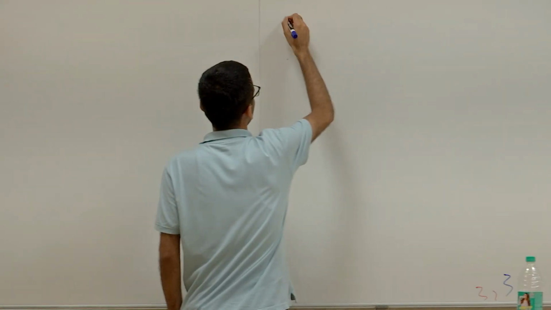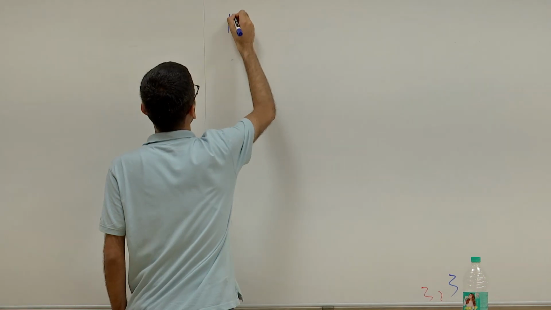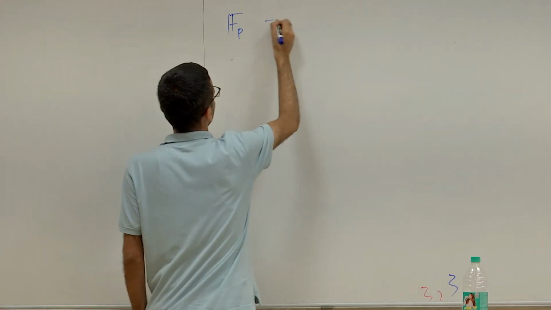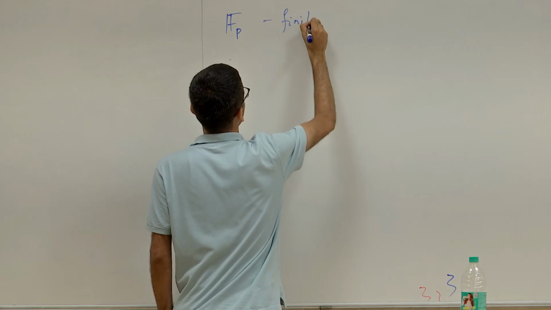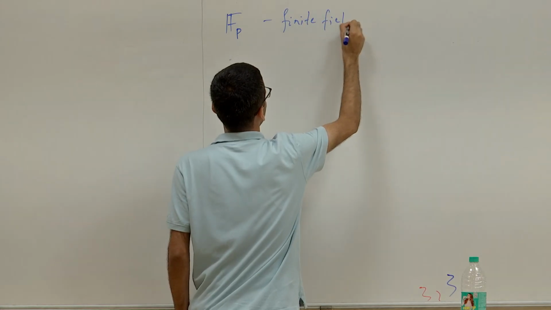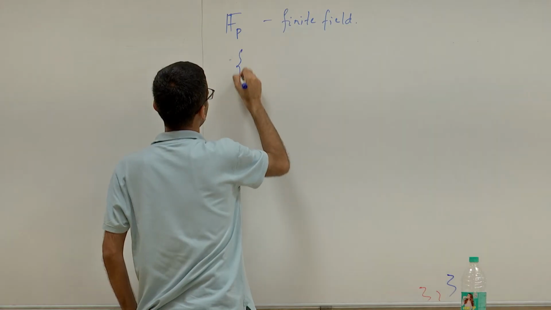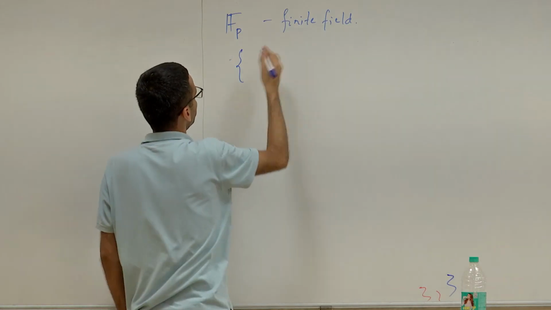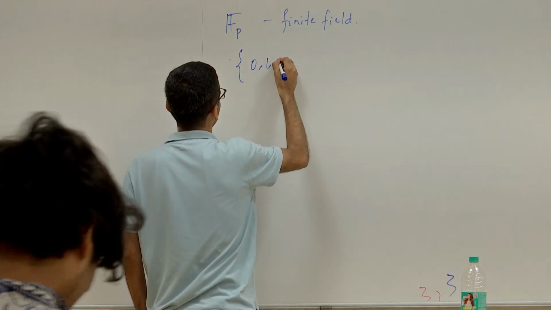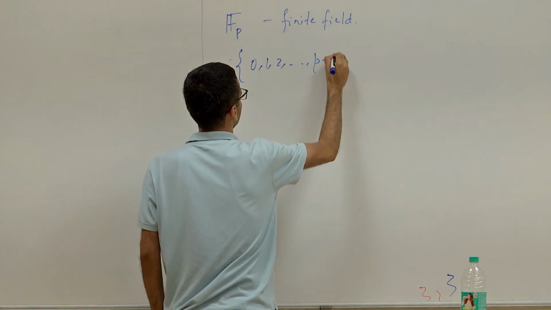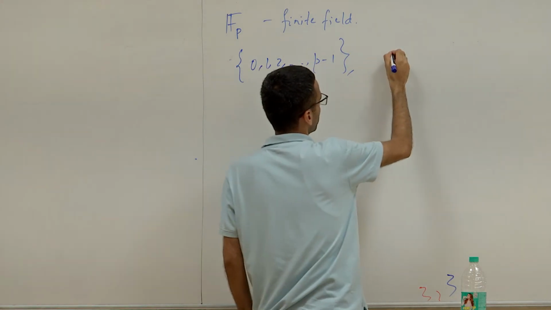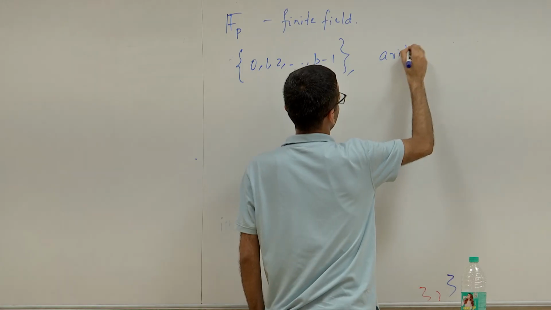Okay, so we are going to be working with the finite field Fp. What does this mean? This is a number system, a field where our numbers are 0, 1, 2 up to p minus 1, and we are doing all arithmetic modulo p.